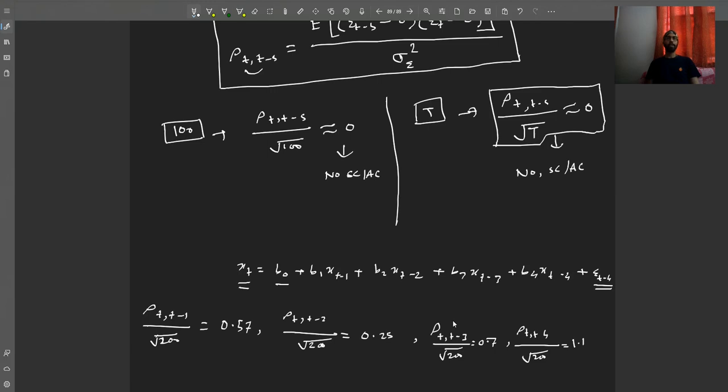Here there are 5 parameters: B0, B1, B2, B3, B4. There are 5 parameters and the number of observations is 200. So we try to find out the t statistic for 5 parameters and 200 observations. Let's say the critical value of t is 0.98.